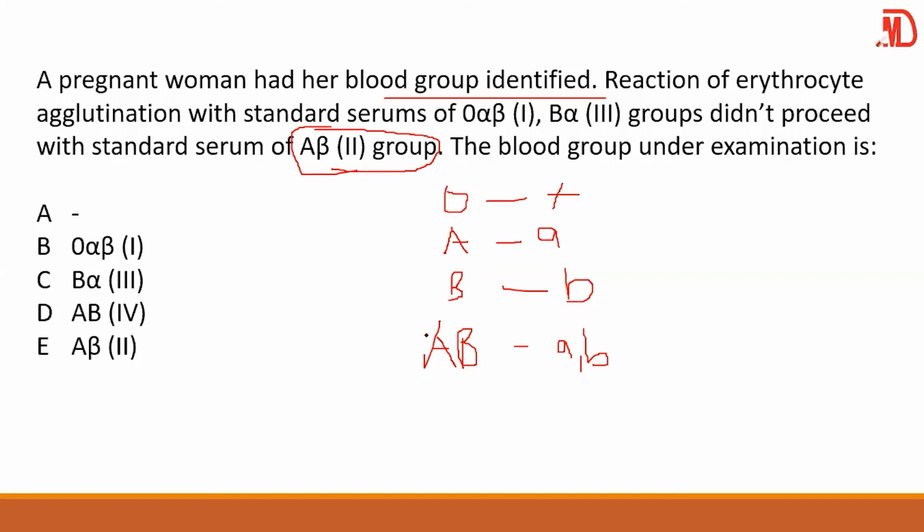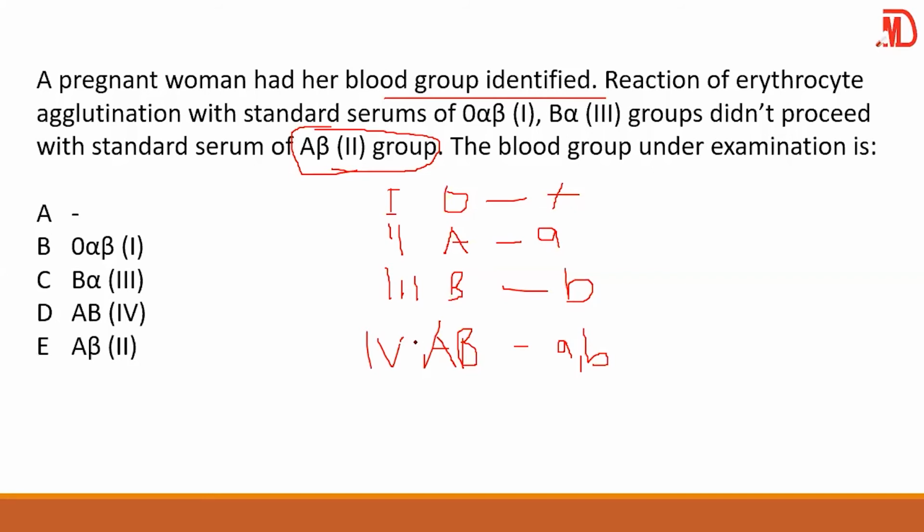Now they are saying that the reaction of erythrocyte agglutination with standard serums of blood group O and blood group B. This one means I, and this is IV. First of all, forget about IV because there's nothing about IV in this question.